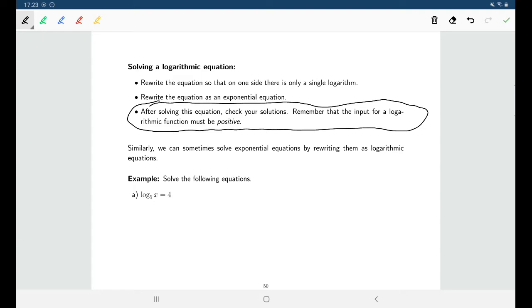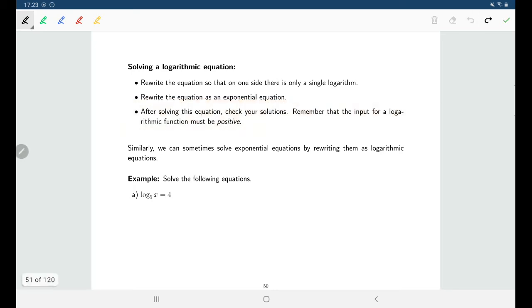Same kind of thing is going on here. If you have a logarithmic equation, you know that the inside of any logarithm can't be 0 or less. But when you rewrite things as an exponential equation, exponential functions are defined for every x. So it's possible that you could solve a logarithmic equation and find solutions that don't actually solve the original equation. So when we're looking to solve a logarithmic equation, it's mandatory that we check our solutions, because it's possible that one or more of our solutions might be extraneous.